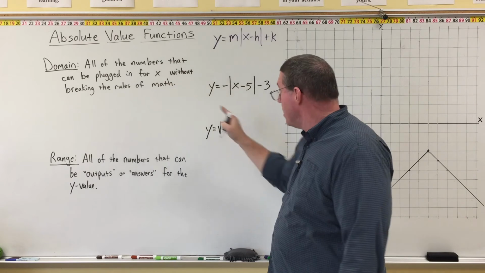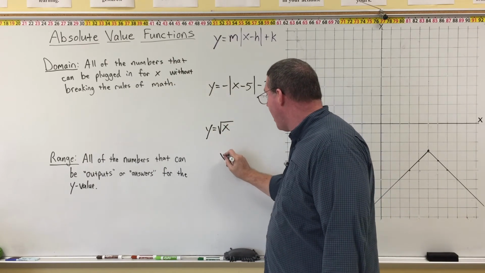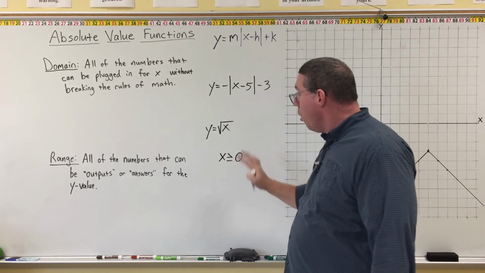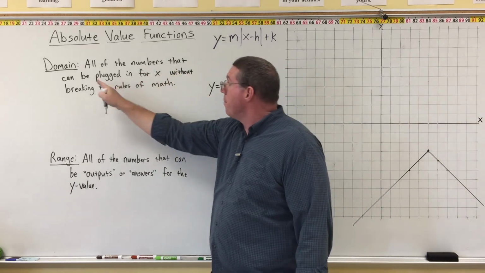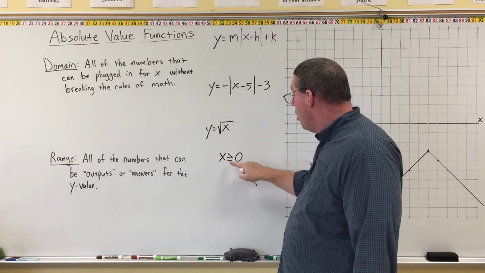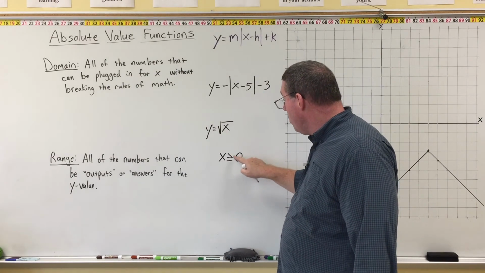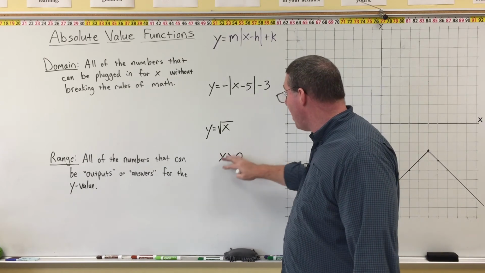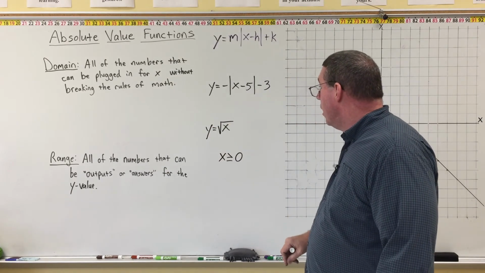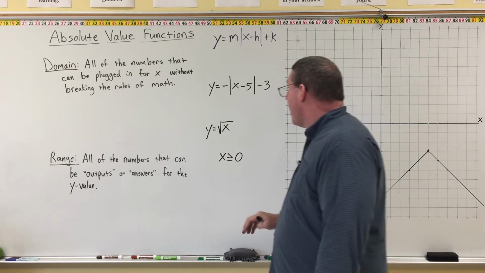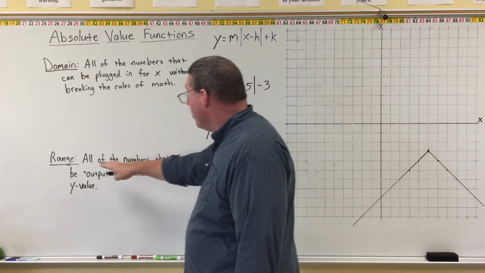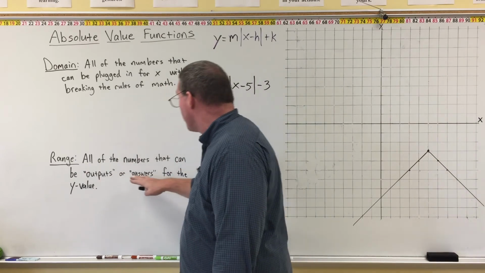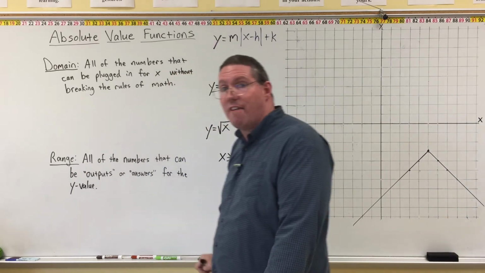Therefore, the domain of this function is x is greater than or equal to 0. So all of the numbers that can be plugged into x are 0 and any number larger than 0. And so this is how we would write the domain of this function. Now when we go to range, it is all of the numbers that can be outputs, or the answers for the y value.